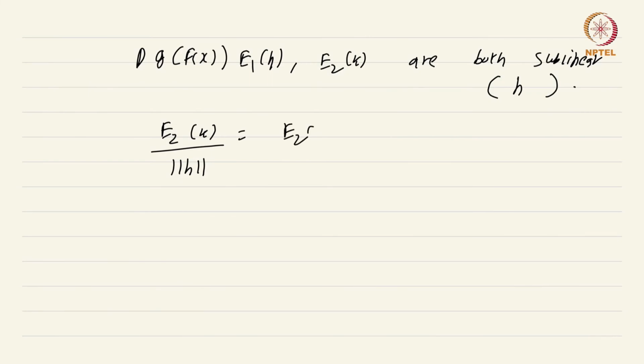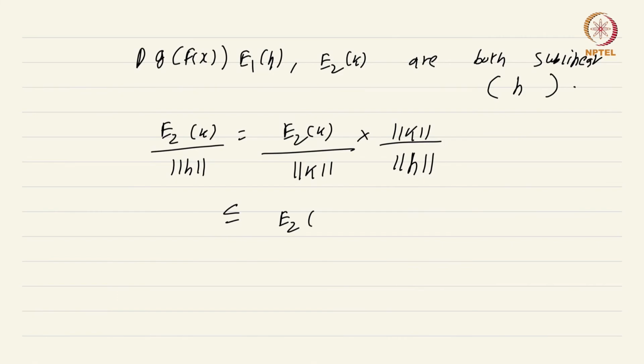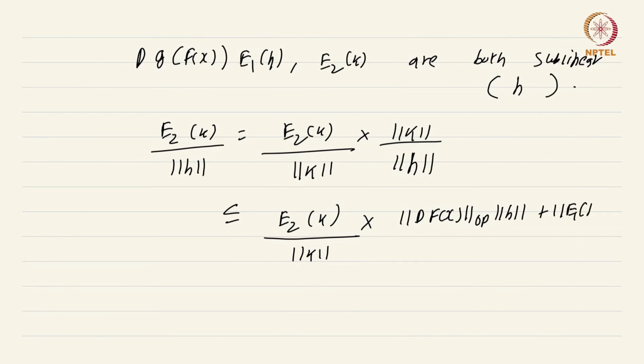This is nothing but e2 of k by norm k into norm k by norm h. Okay, and this is less than or equal to e2 of k by norm k into norm dfx operator norm times norm h plus norm e1h, divided by norm h.